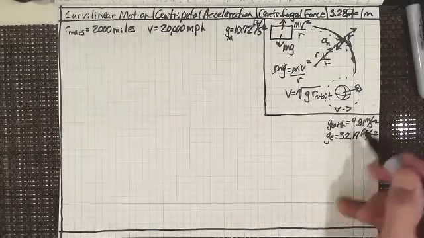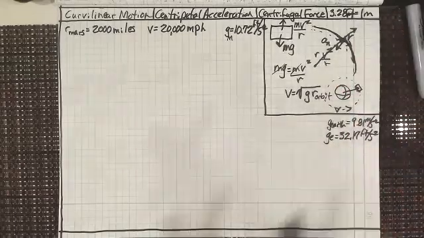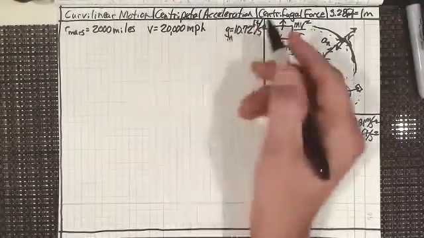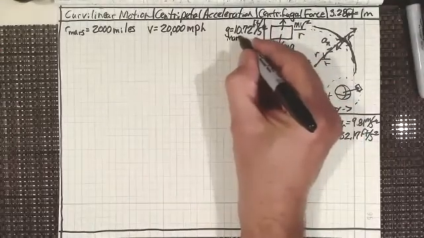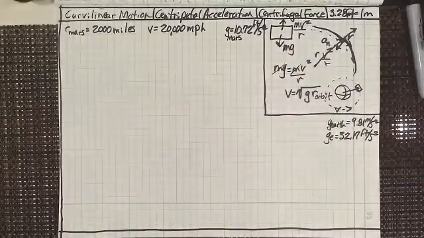And how did I get that? I just multiplied 9.81 times 3.28. Of course, Mars is about 1/3 the gravitational constant of the Earth. So we have that, and I'm just going to work with that right now.